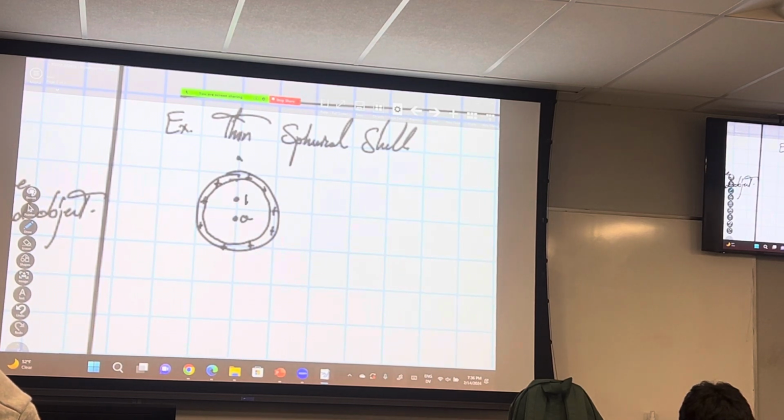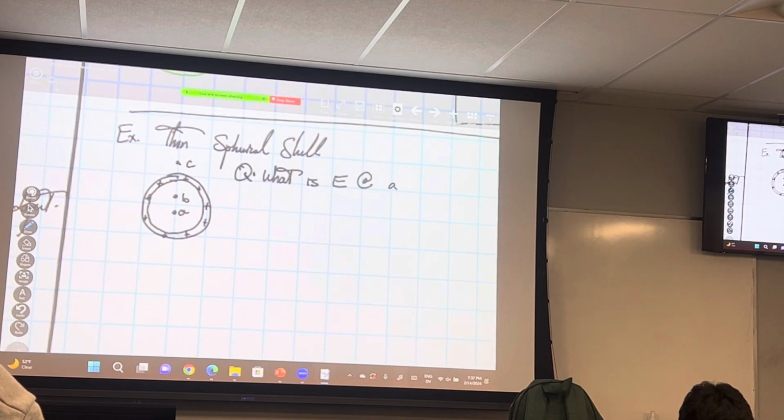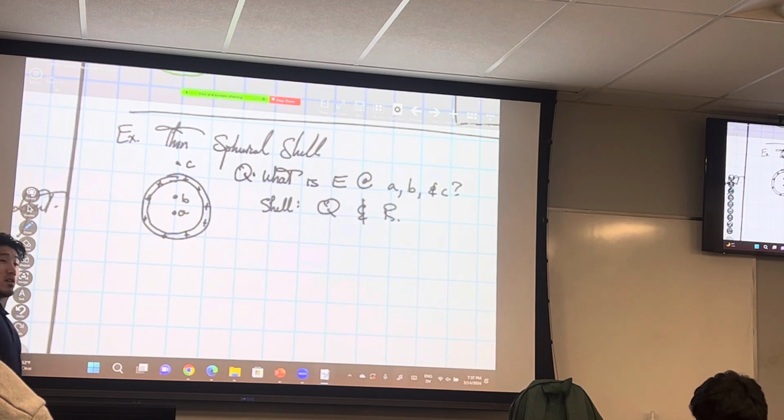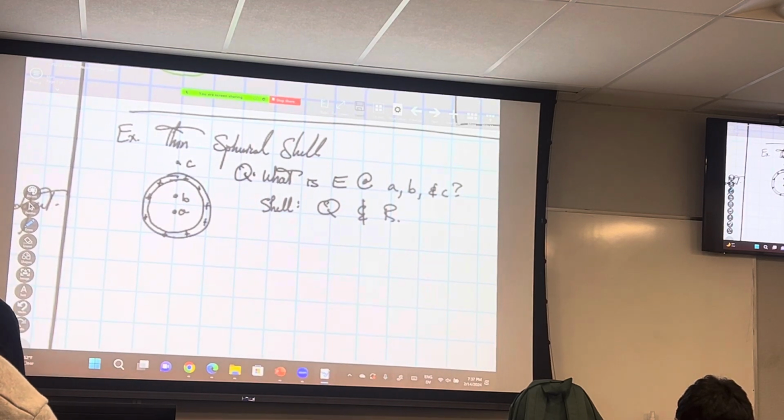So let's say A, B, and C. The question is, what is E at A, B, and C? Let's say the shell has a charge of Q and radius R. So we want to consider the central point.